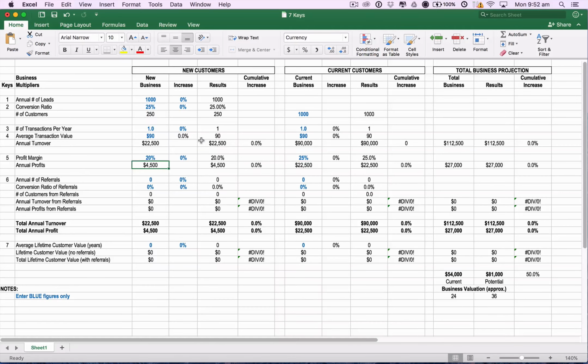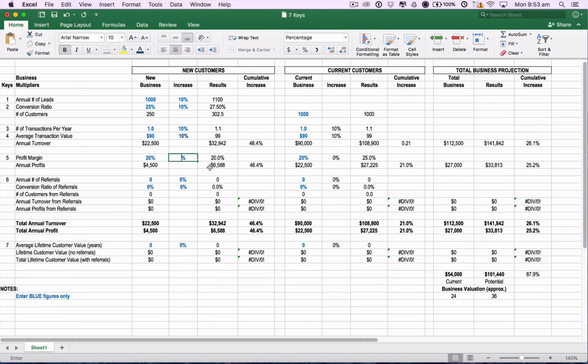Okay, so now let's just say we're going to do work to increase it by 10%. And we're going to increase the conversion ratio by 10%. We're going to increase the average transactions by 10%. We're going to increase the 10%. In fact, I should make that one a blue one, shouldn't I? Because you can definitely change that.